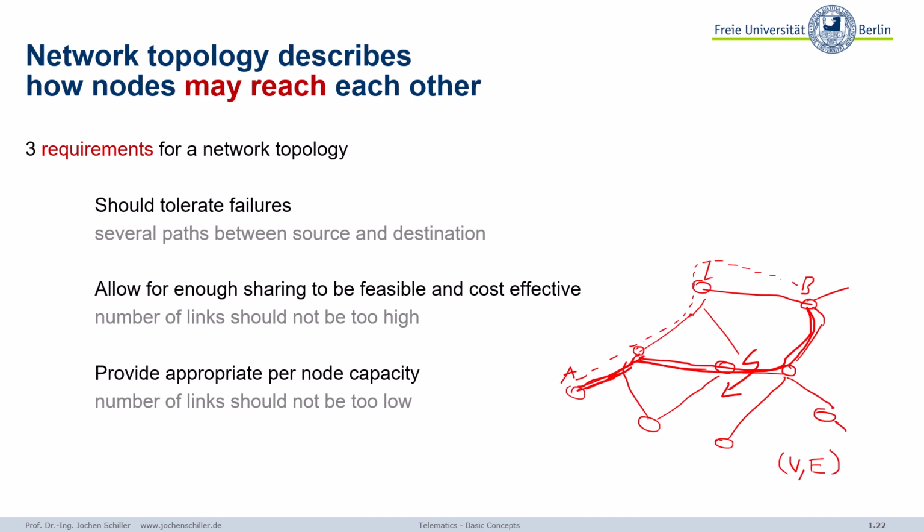Okay, so now we may think, maybe we connect all the nodes with each other. We will see that's a bit too expensive. Additionally, how many links or what capacity do we need for a link?